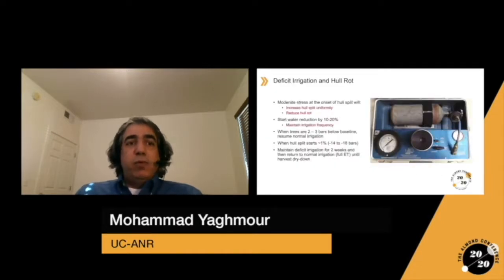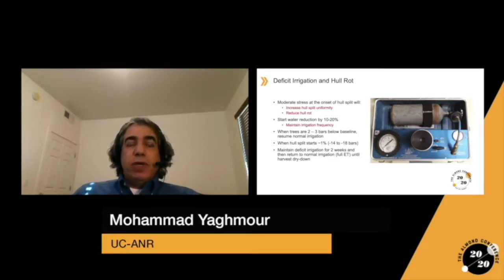And when we are talking about deficit irrigation, the most important thing is to note the end point. What we really want is to have the trees mildly stressed, so that when we are using a pressure chamber, the trees will be between -14 and -18 bars for 2 weeks, starting from approximately 1% hull split.